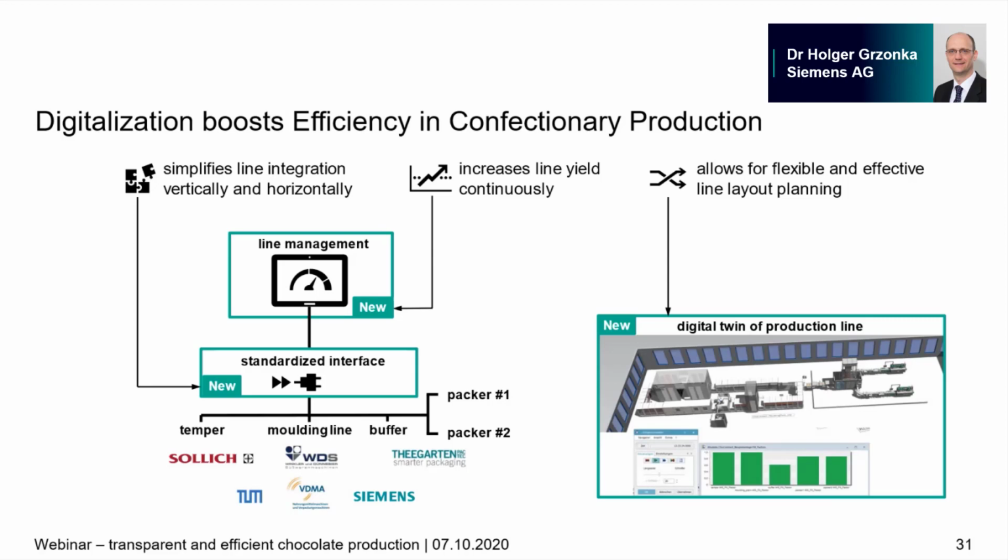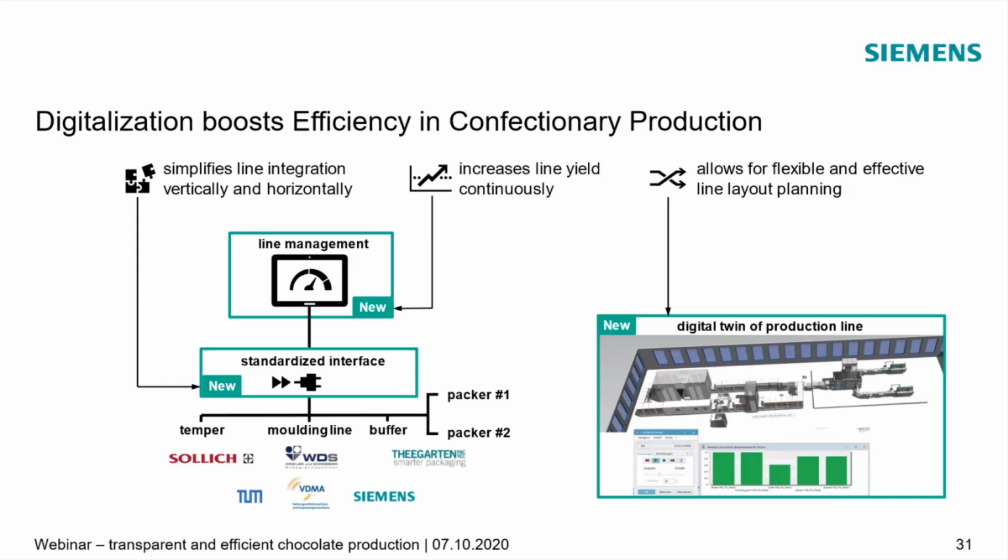But let me first summarize the benefits of a uniform data interface and digitalization for both machine builders and chocolate manufacturers. The efficiency boost is based on 3 pillars. First, the standardized data interface that simplifies the line integration.